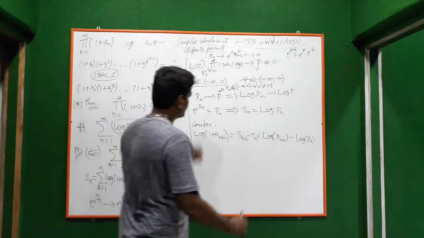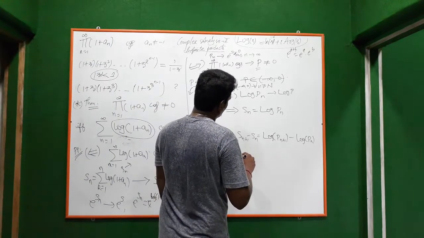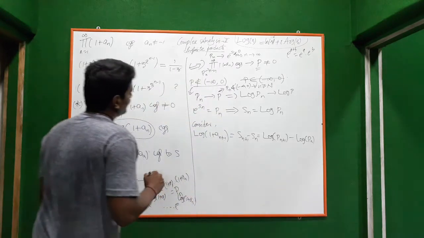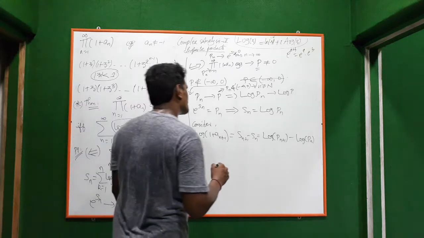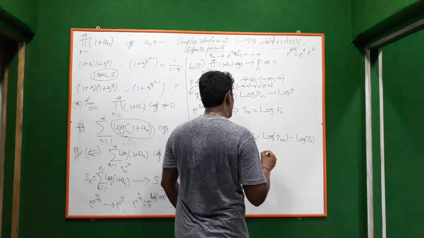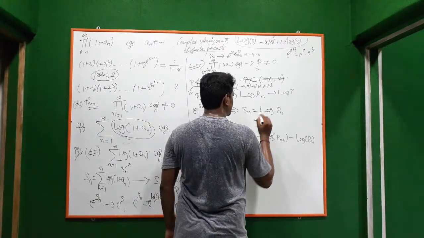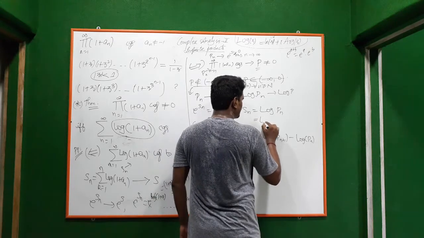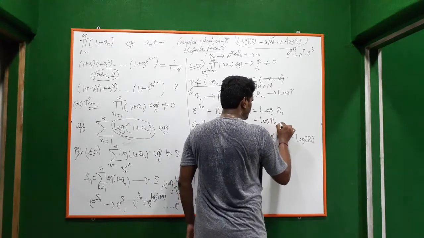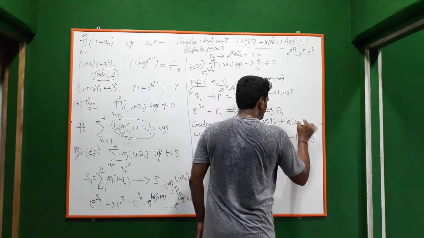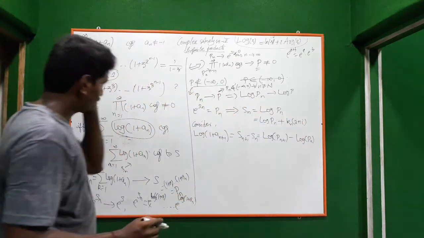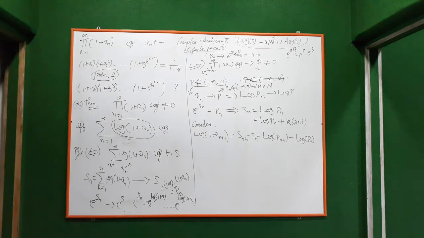And what is this? This is log of P_n plus k_n times 2 pi. Okay, it is expanded, k_n times 2 pi.